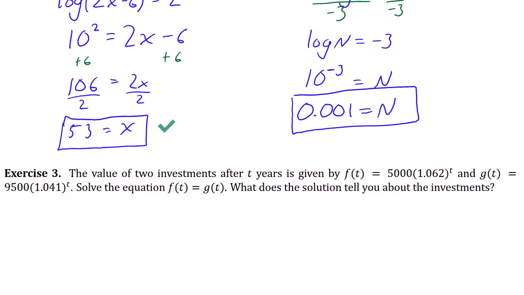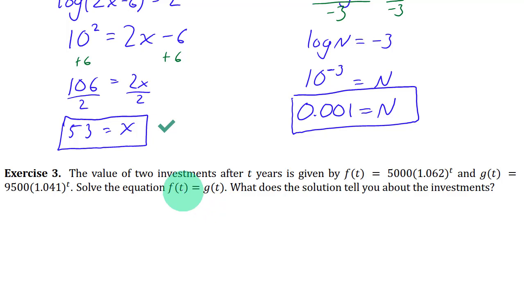All right, now let's look at exercise 3. We've got these two investments. So this one starts at $5,000 and then goes up by 6.2%. And the other one starts at $9,500 and then goes up by 4.1%. So let's solve the equation f of t equals g of t.